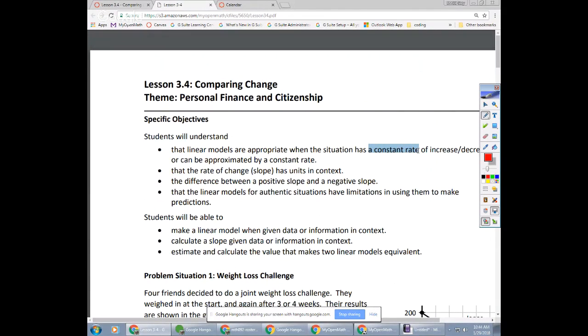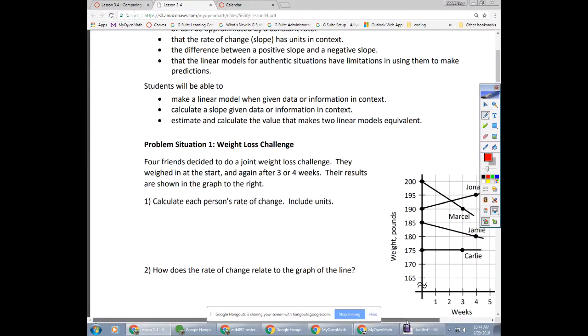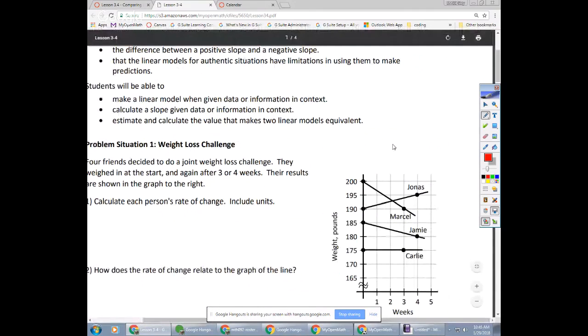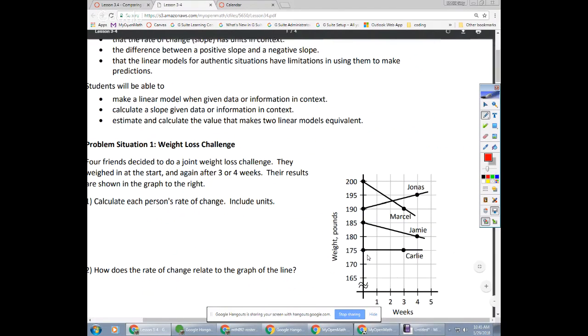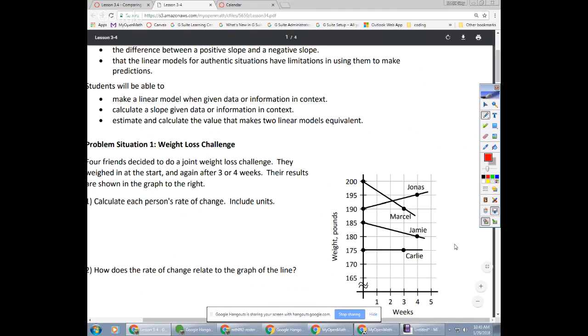Sometimes it's increasing, sometimes it's decreasing. The scenario we're going to start with is a weight loss program. We have a bunch of different people who started off at a particular weight and went on a diet together. Some people lost weight, some gained weight, some maintained a steady state. All kinds of stuff happens.